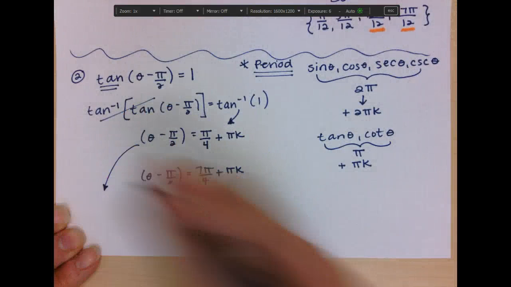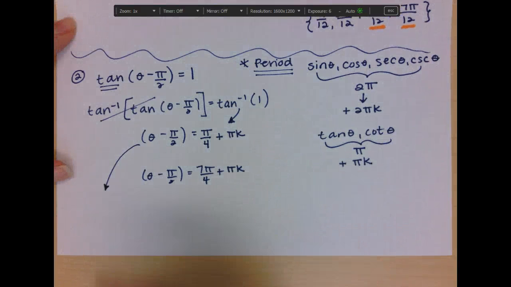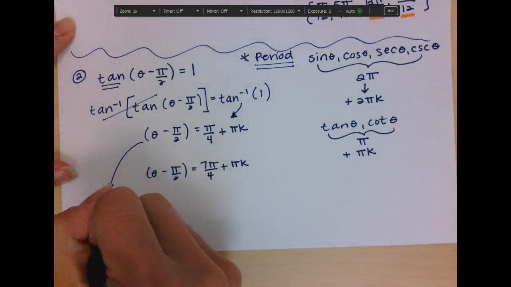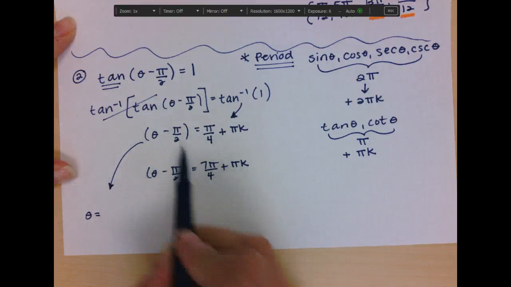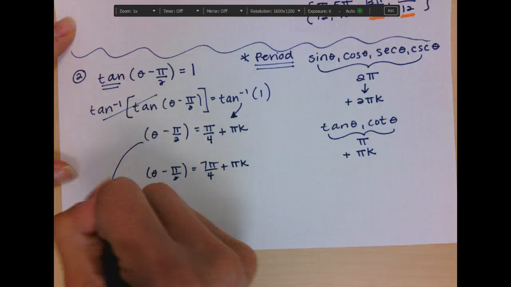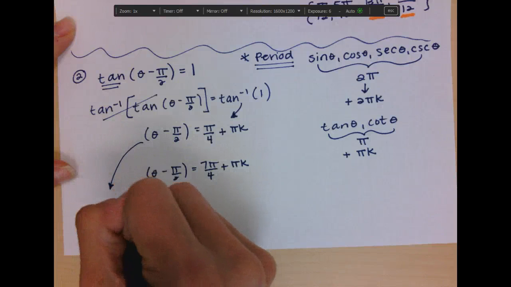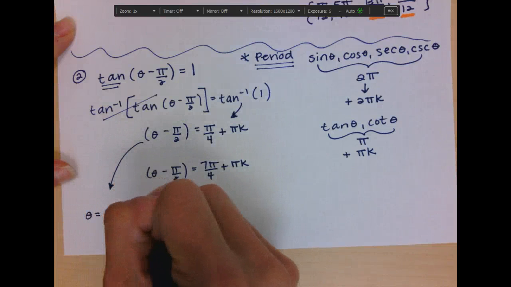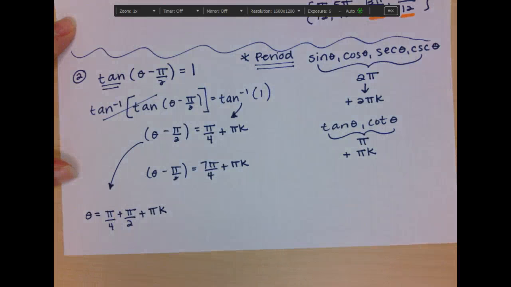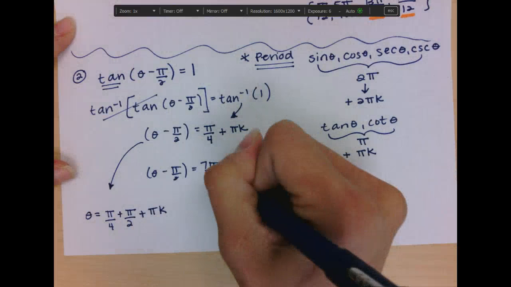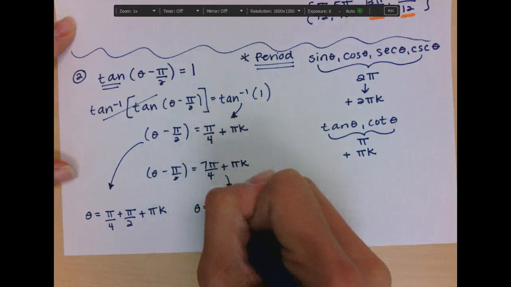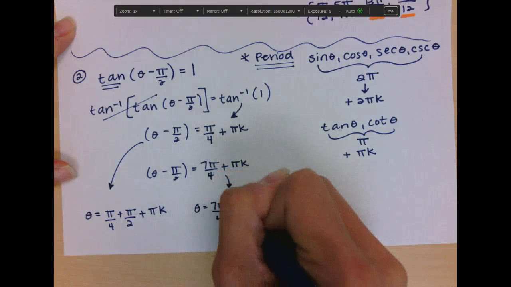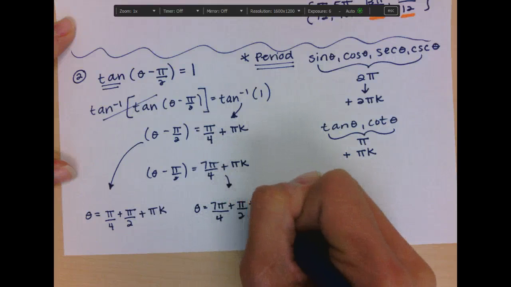I'm going to start with this one first. So to get theta by itself, I'm going to take this pi over 2, the negative pi over 2, and I'm going to add it to both sides. So pi over 4 plus pi over 2 plus pi k. And then if I solve this equation for theta, I'm also going to add pi over 2 to both sides.